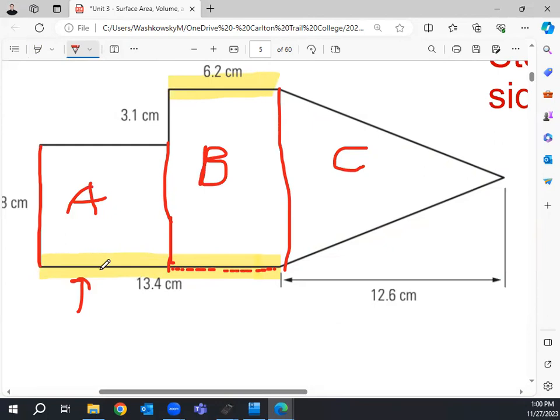Yes, I can do that, absolutely. The whole line's 13.4. I know this part of the line is 6.2, so I can just take those away to figure it out. So I'm going to quickly do that. I'm literally going to take 13.4, and I'm going to take away 6.2.